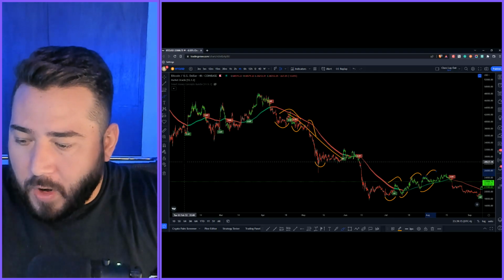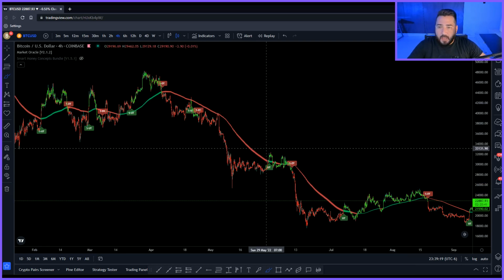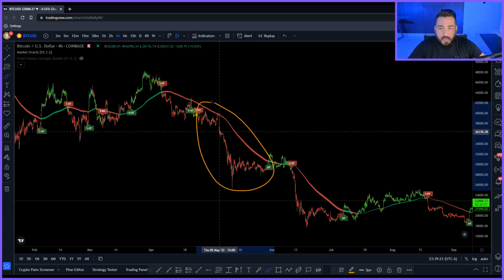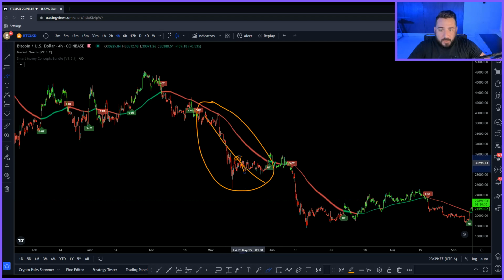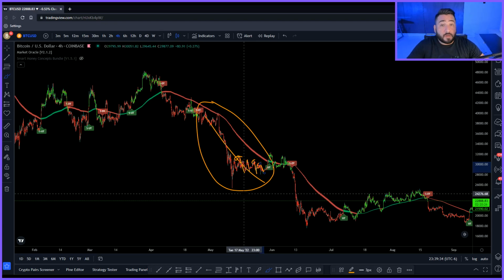So right out of the box, we can see that we have a great trend finding tool. Right here, we can see a big trend, which will grant us multiple opportunities to jump into multiple trades, right? Therefore, we want to find the biggest trend possible, but as accurate as possible.